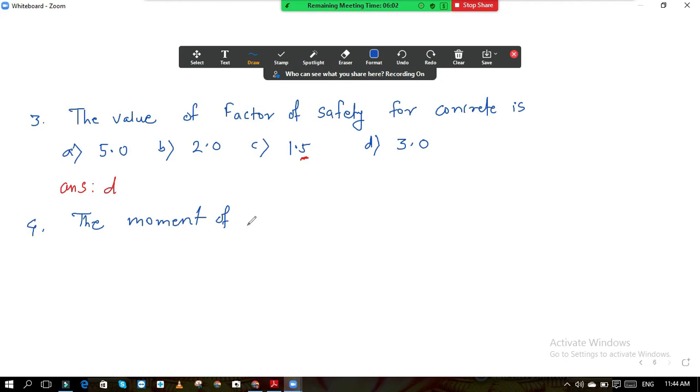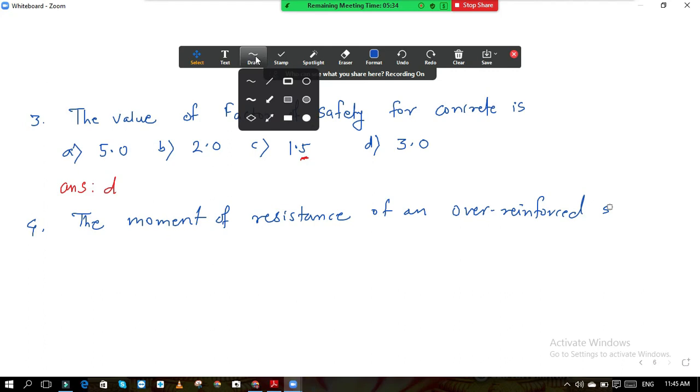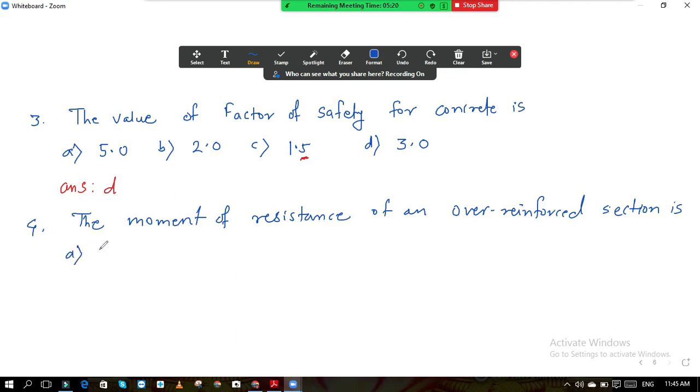The moment of resistance of an over reinforced section is, okay, so your options are: A, equal to balanced section.